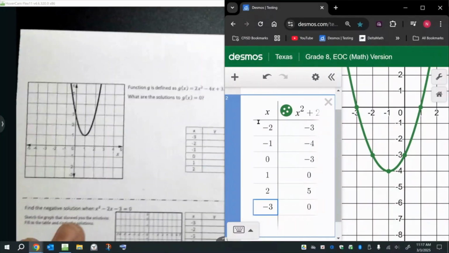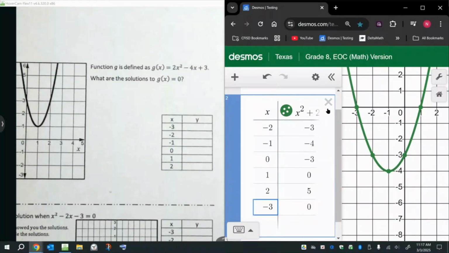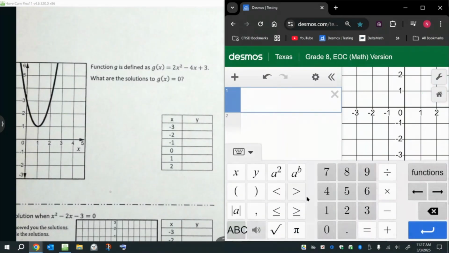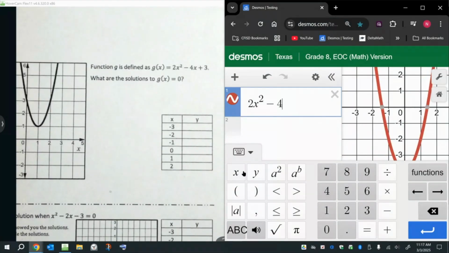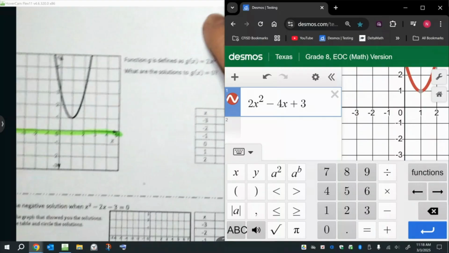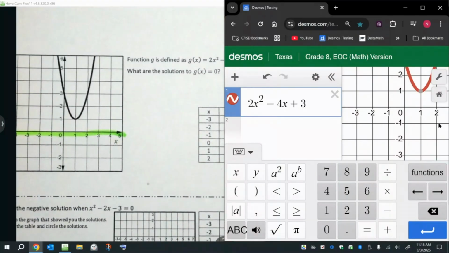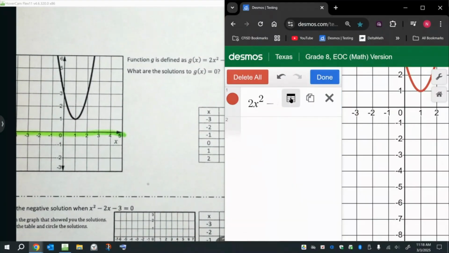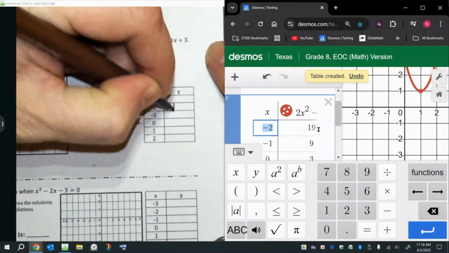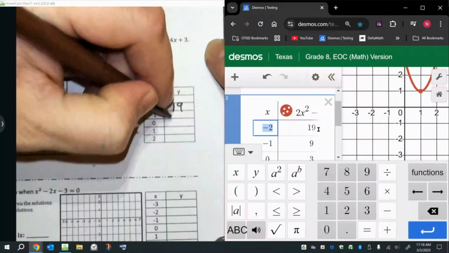Let's take a look at another one. I want to know when this line, so let's use this line now. I have 2x squared minus 4x plus 3. And it looks like, if I were to just sketch this, it doesn't even cross. So what if I turn it to a table and find these points, like -2? Oh, that goes with 19. That's not 0. -1 goes with 9.